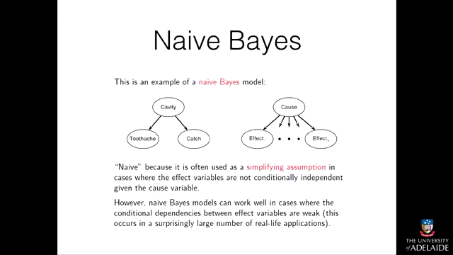Imagine that you want to classify junk email from normal email. You can imagine the type of email, junk or normal, as a binary random variable. This could be the cause. And based on this cause, you will observe the occurrence of some keywords.